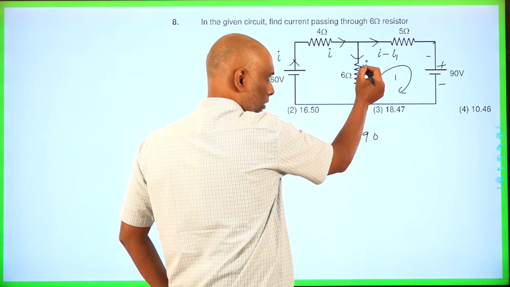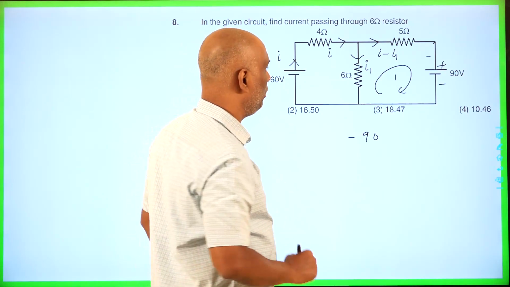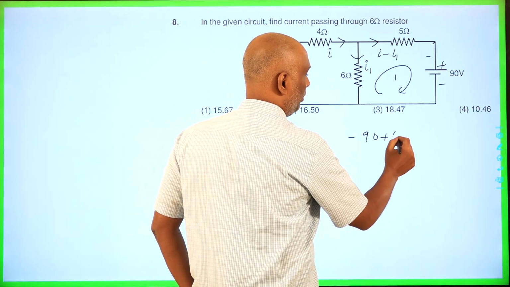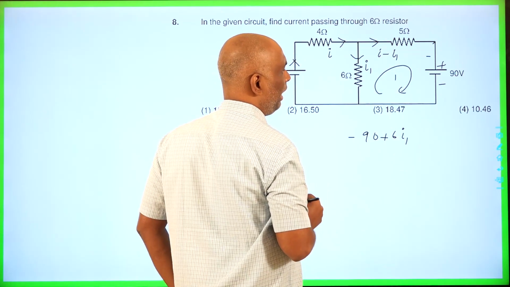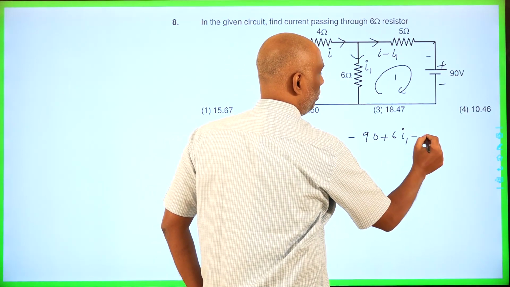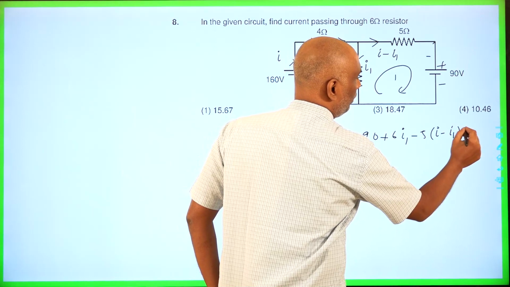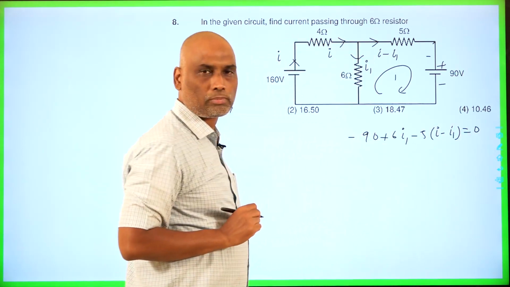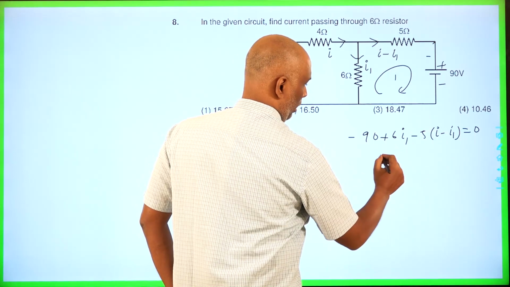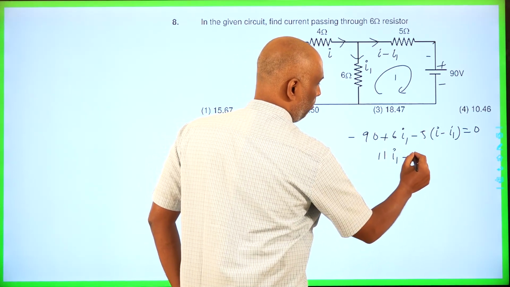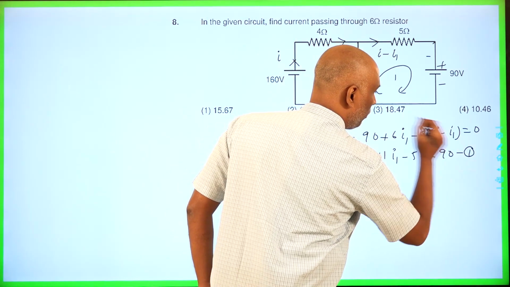I am coming like this, across this one I am going in the direction opposite to the direction of current, so plus 6 I1. Across the next resistor I am going in the direction of current, so minus 5 into (I minus I1) is equal to 0. So from this equation we can see that 11 I1 minus 5I is equal to 90. This will become the first equation.